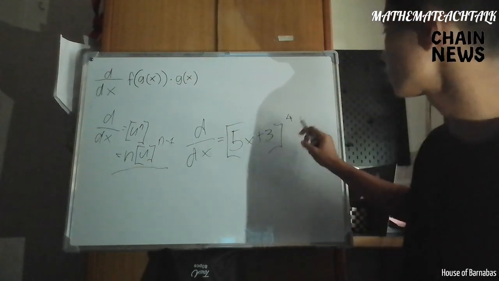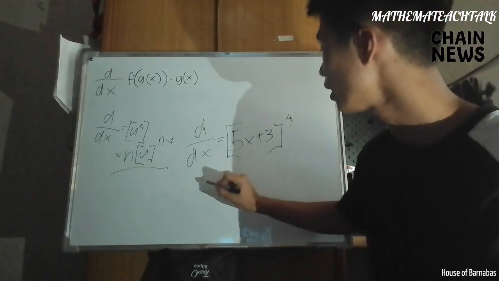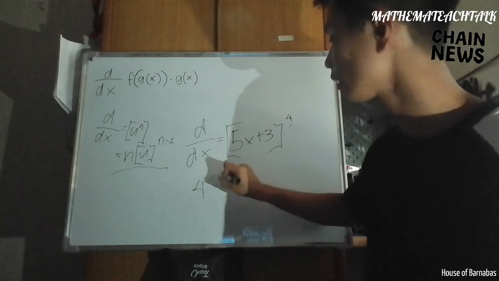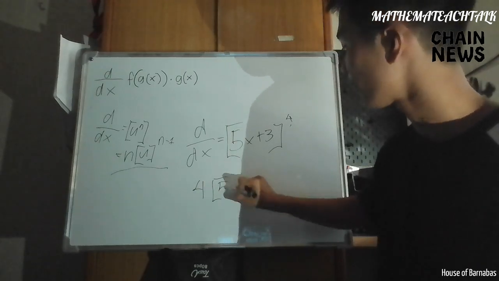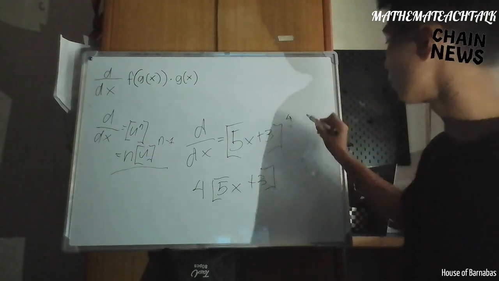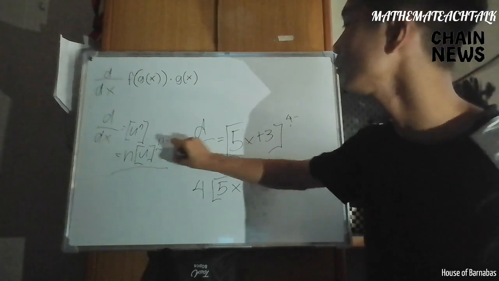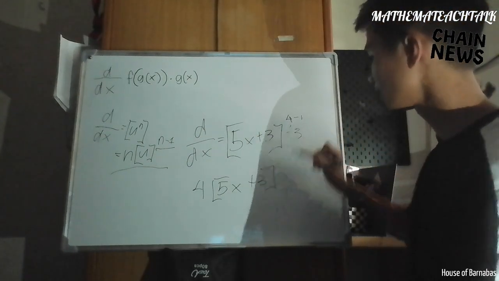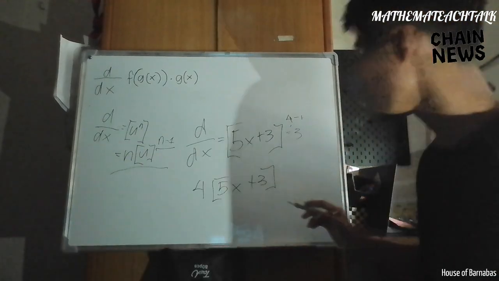So let's put 4 as the exponent on the front. So let's put 4 here, bracket 5x plus 3. Now, what's 4 minus 1? Yeah, that's right. It's equal to 3. Now let's put 3 here.